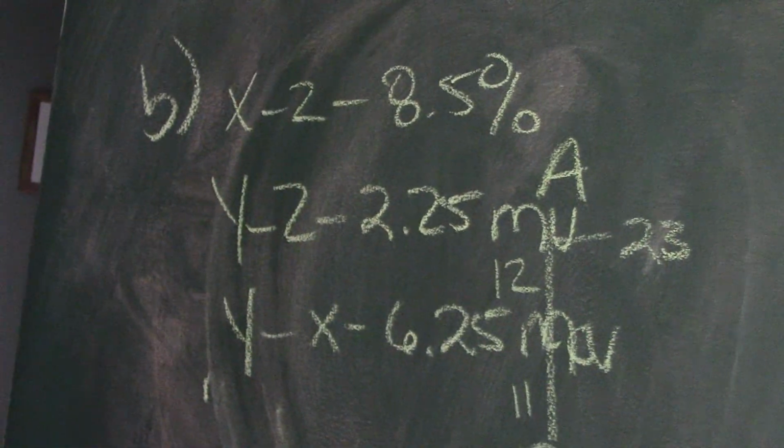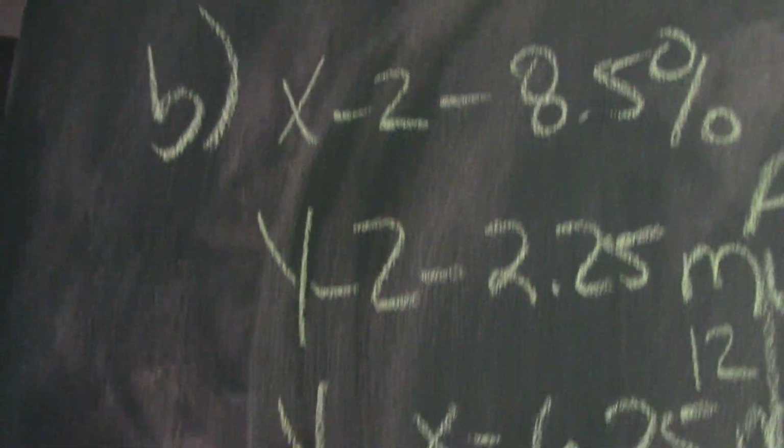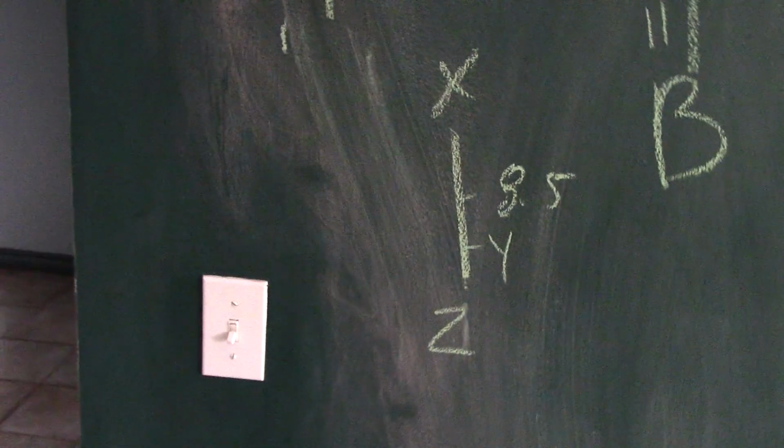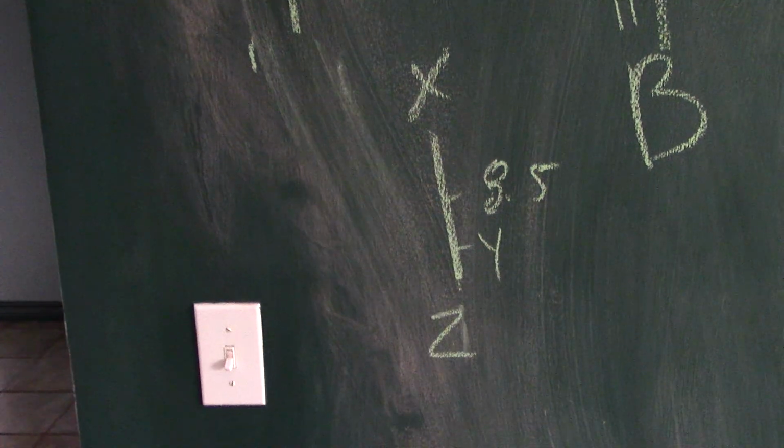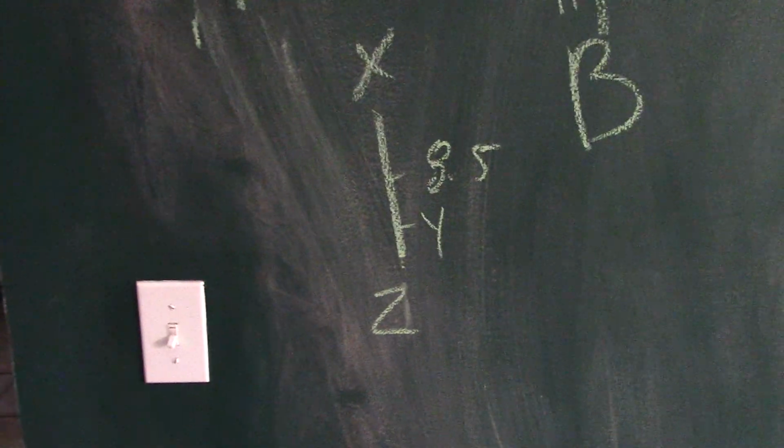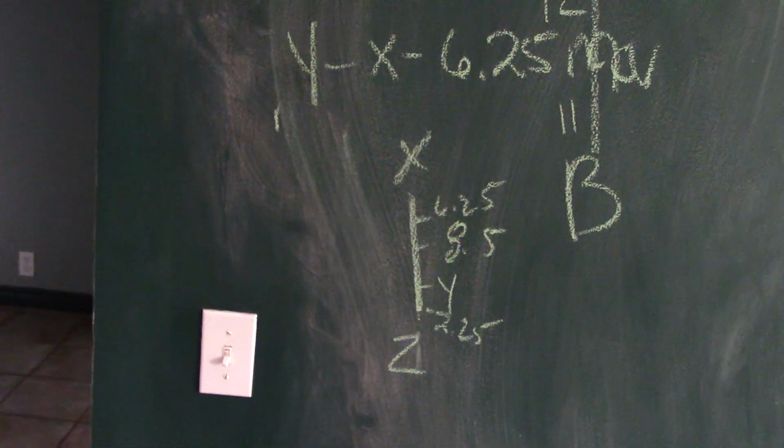And it asks you to make a chromosome map again. Okay? So X and Z are the furthest apart. So they're on my ends. That's 8.5. Y and Z. So Y is quite close to Z, right? So X, Y, Z, and where Y is closer to Z. And 8.5 minus 2.25 will give you 6.25. So this is 2.25, and this distance is 6.25 between X and Y. And that is your chromosome map.